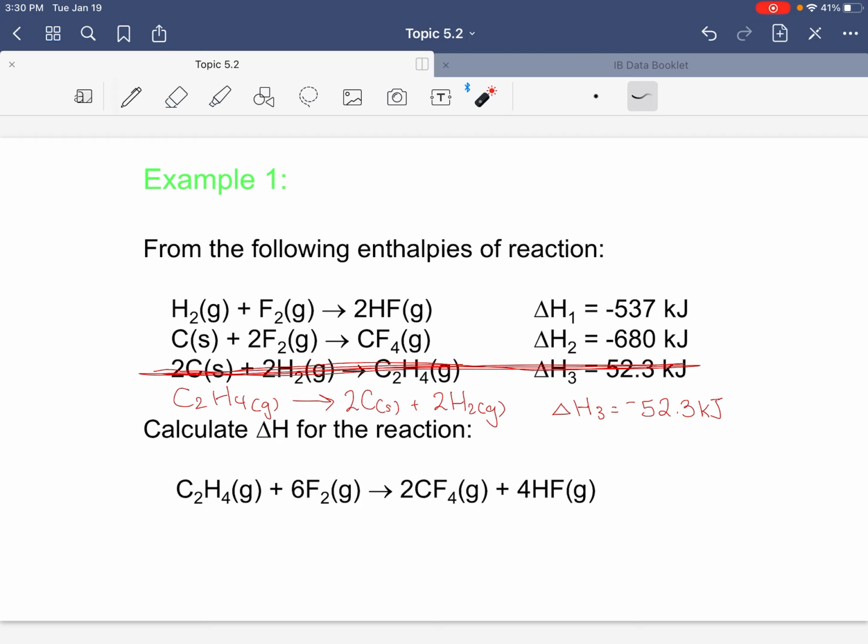Now let's take a look at the coefficients. I know for a fact that the coefficient for this is going to be good. Why? Because here I only need 1 C2H4, and here I am presented 1 C2H4. Pretty good. F2, I need 6 mole of F2. But collectively, I have 2 right here and 1 right here. That's only 3. I'm going to have to somehow get 6.